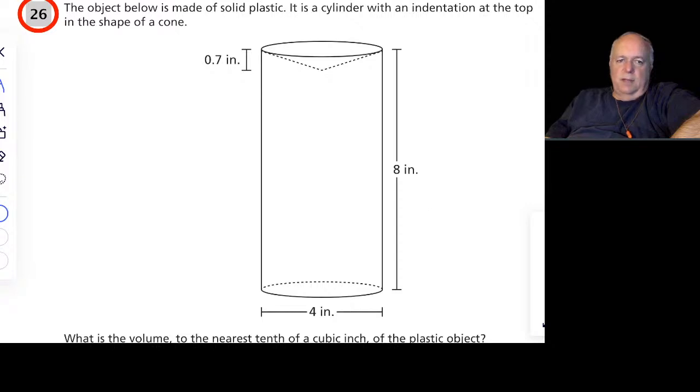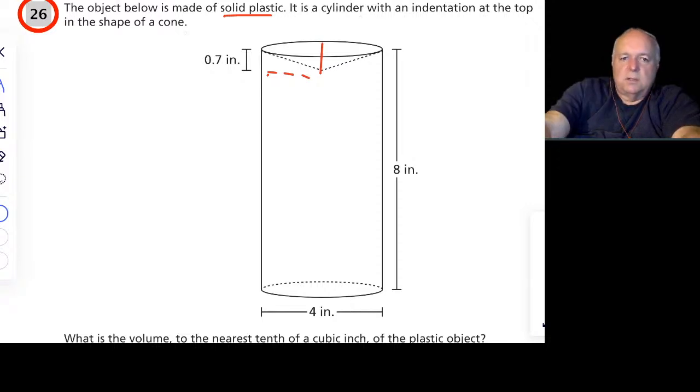And then for the cone, this height from here to here is 0.7 inches. That's what it seems to be implying there, and there's nothing else going on. The object below is made of solid plastic. It is a cylinder with an indentation at the top in the shape of a cone. There we go. Let me scroll this slightly so we can bring that off the screen.